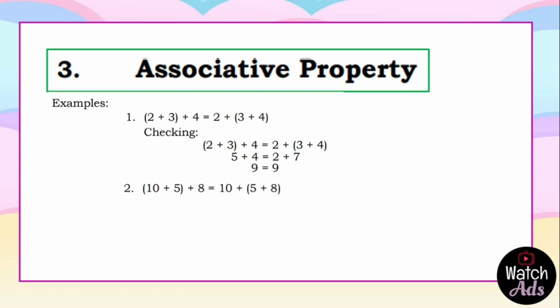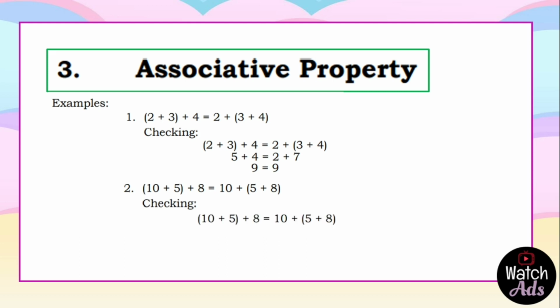Another example, the quantity of 10 plus 5 added to 8 is equal to 10 plus the quantity of 5 plus 8. Now you have noticed that in the example, we have changed the grouping of numbers, that is the associative property. Now let's check.